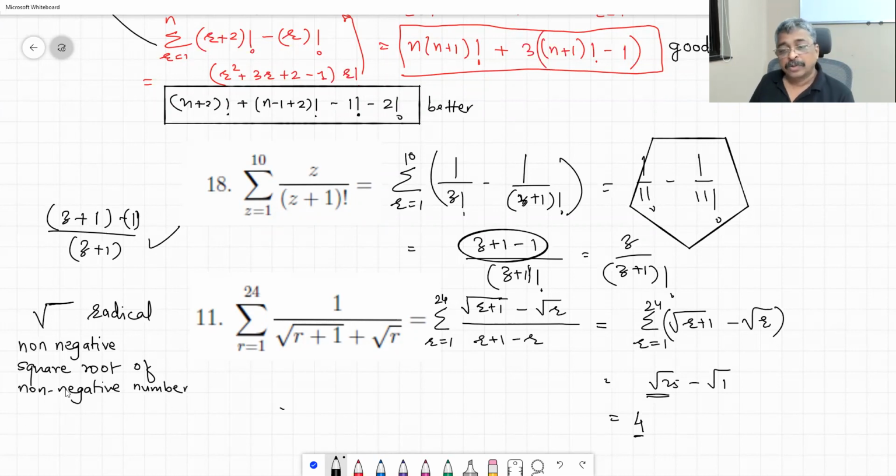Okay. So the answer for radical 25, which is given in the problem, is always 5. Radical 25 is always plus 5.